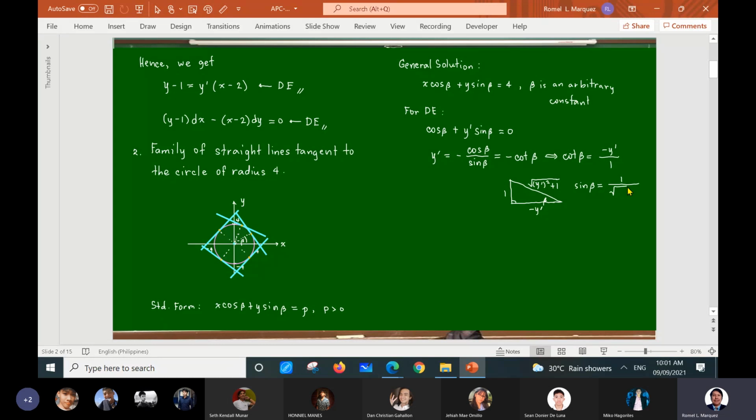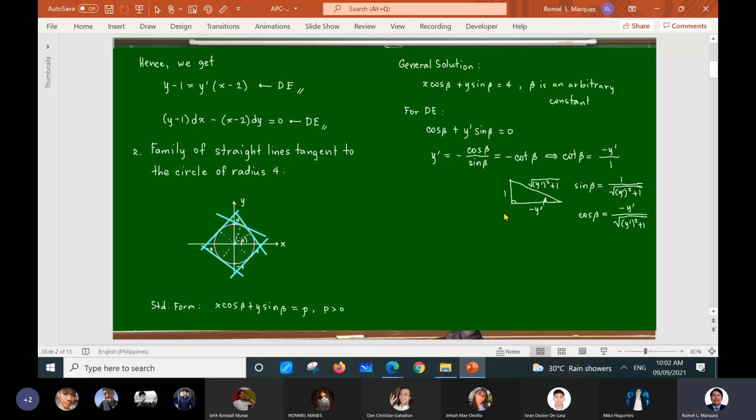Am I right, children? What about cosine beta? How do we define cosine beta? Adjacent over the same hypotenuse: the square root of y prime squared plus 1.